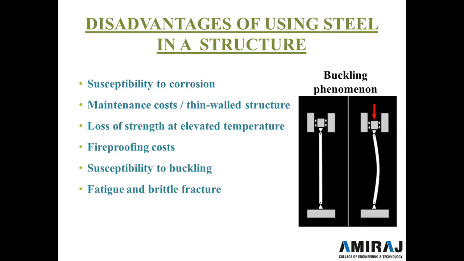And at the end, tolerances specified for steel fabrication and erection are small compared to RCC structures. So, these are the advantages and disadvantages of using steel in a structure compared to a concrete structure, right?